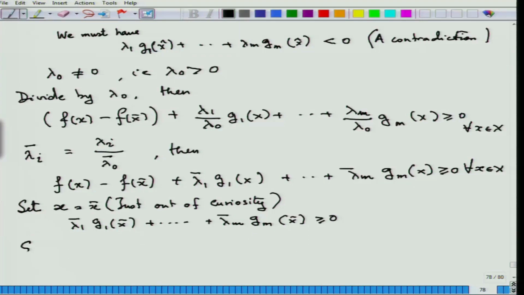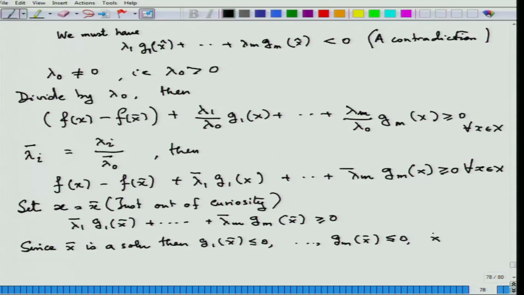Since x bar is a solution, g1(x bar) is less than or equal to 0 because it is feasible, gm(x bar) is less than or equal to 0, and x bar is naturally an element of X. So, this would also be greater than or equal to 0.